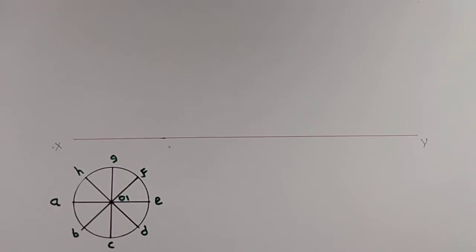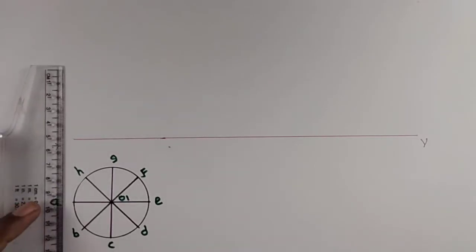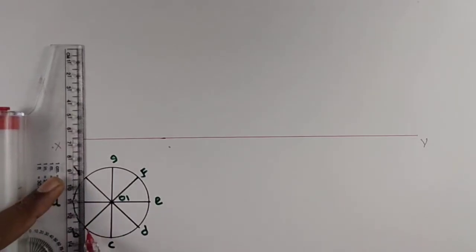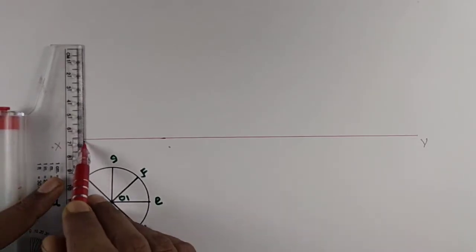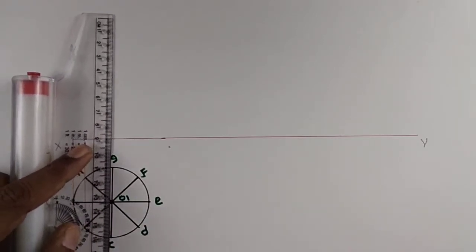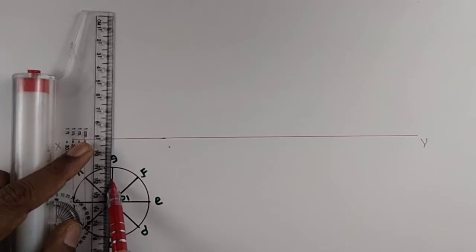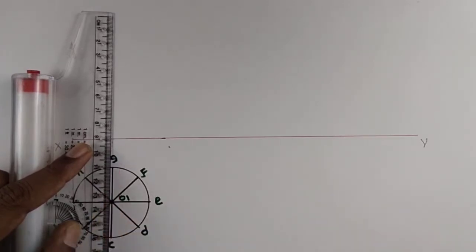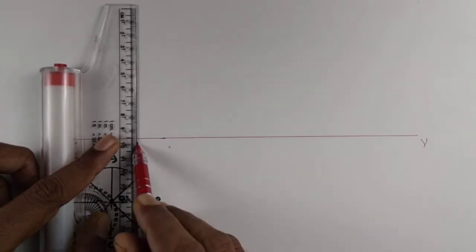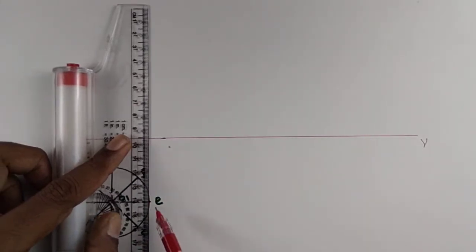Now the base is on HP, it means the elevation of the base is on the XY line. So first we transfer all the projections, base points and periphery points, onto the XY line with a light line.